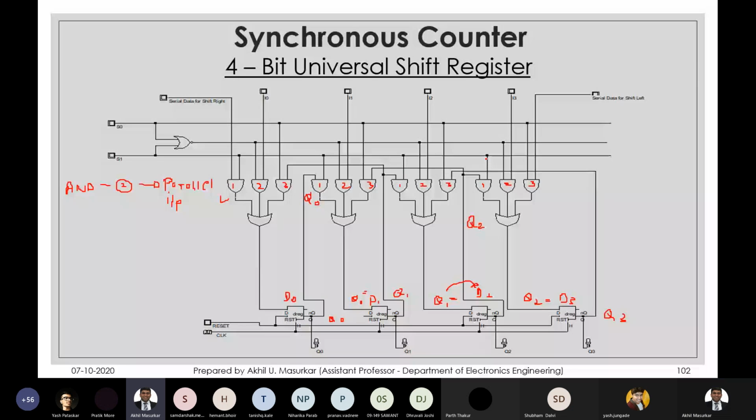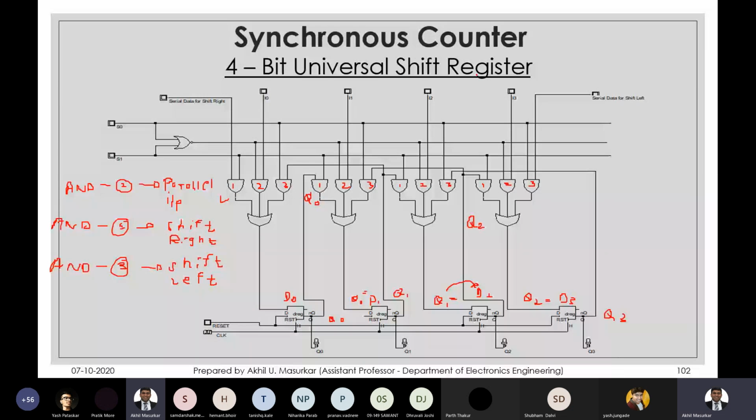So AND gate number 1 we can use for shift right operations, and AND gate number 3 we can use for shift left operations.